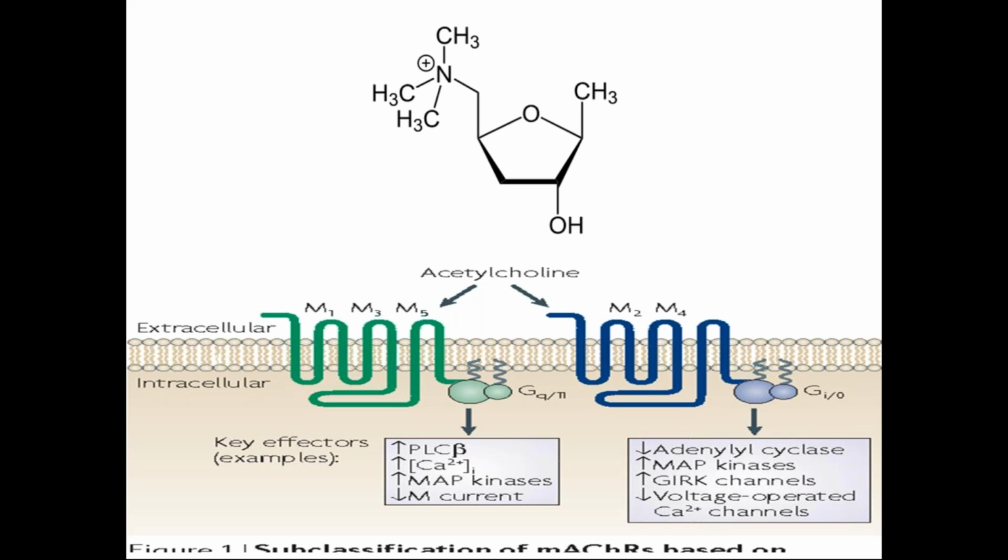Then why these names, nicotinic and muscarinic? From where have these terms been derived? Tell me. Yesterday we discussed this. Just one word and the answer is done. What is muscarinic? Muscarin?